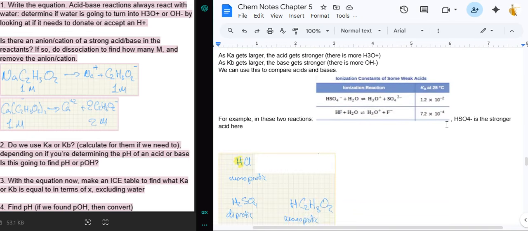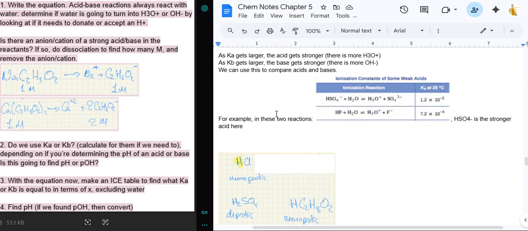And this is just a simple relationship. As the value of Ka gets larger, the acid gets stronger. And as Kb gets larger, the base gets stronger.